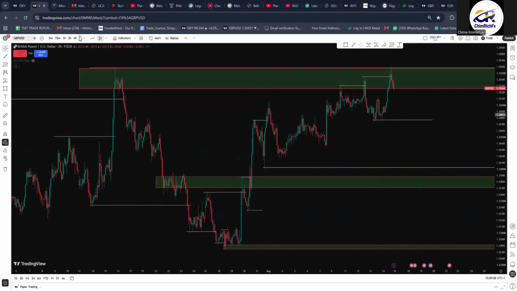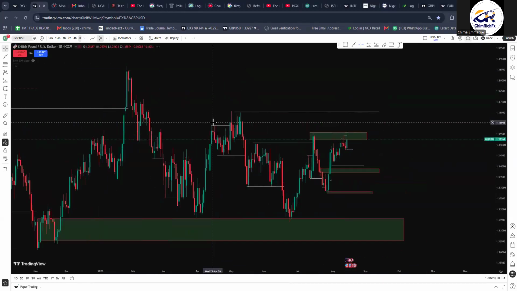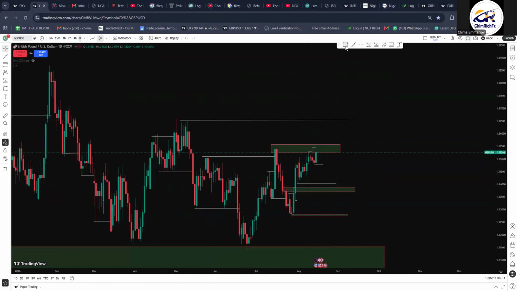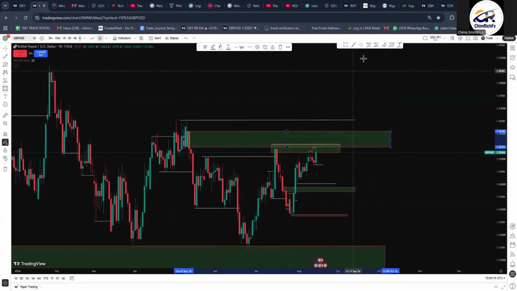Now, when you go to the daily time frame, if you trade structural liquidity, you can see that there is a possibility that price just came to retest this zone to sell. But to have a more solid confirmation or confluence, it's best to wait for price to give a change of character. At least at that point, there is still a high possibility that the market wants to sell.